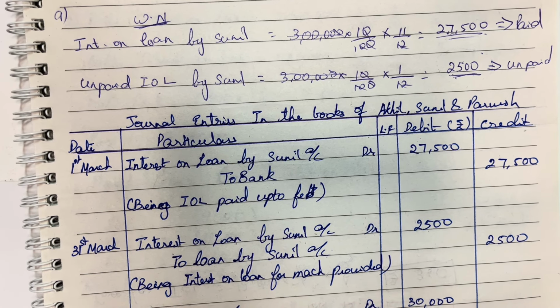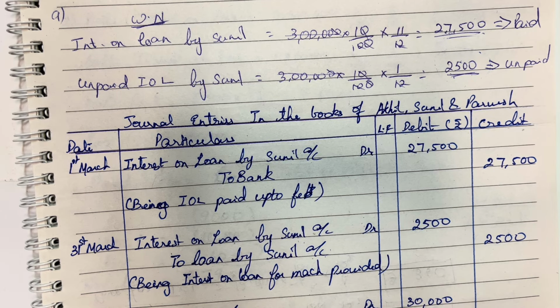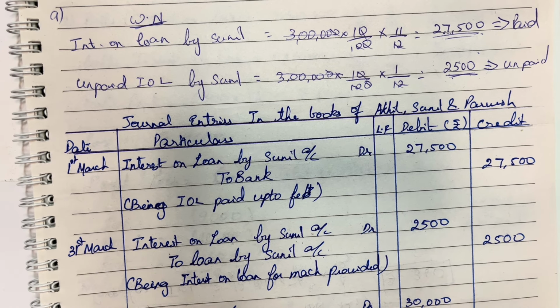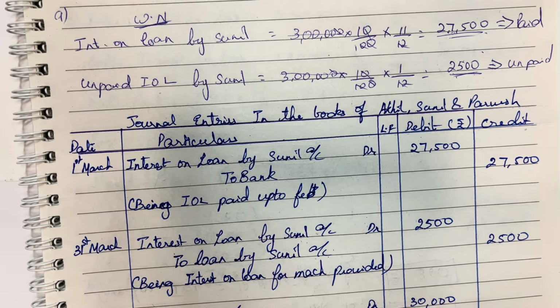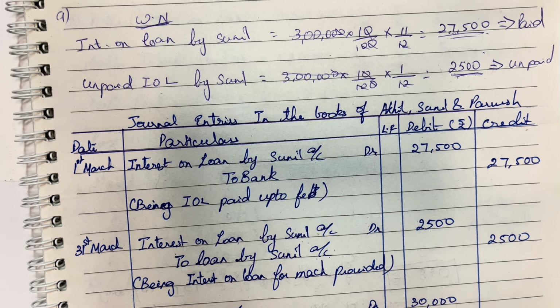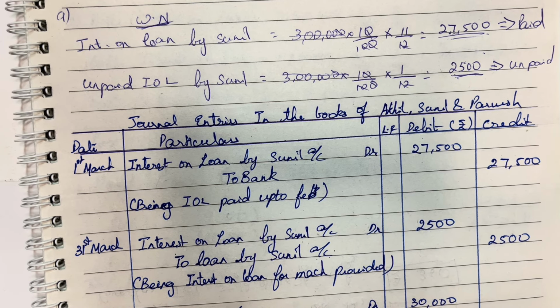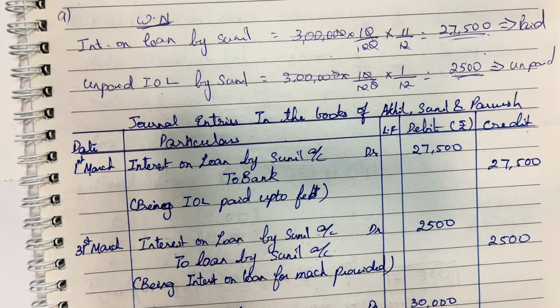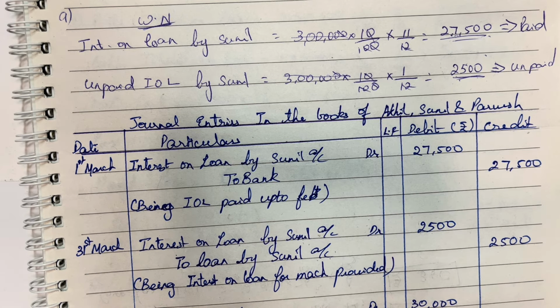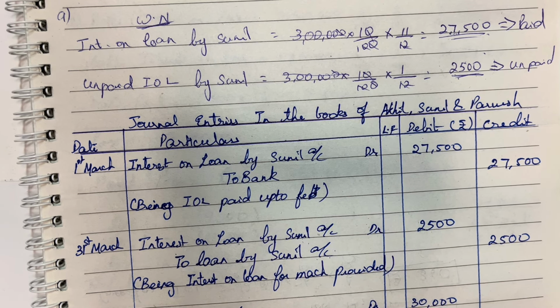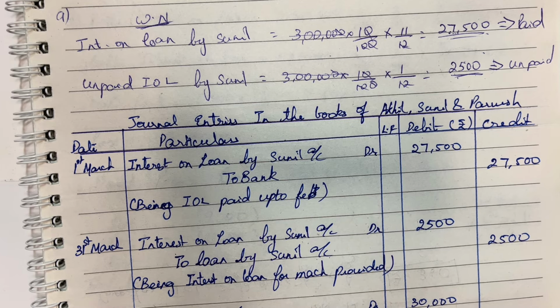This entire interest on loan by Sunil account will go into your profit and loss account. Every debit has a credit transaction also. So a narration would be: being interest on loan by Sunil transferred to profit and loss account.